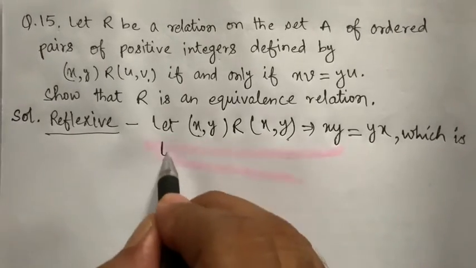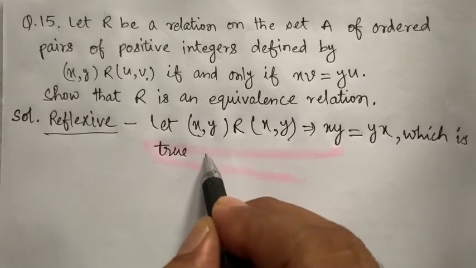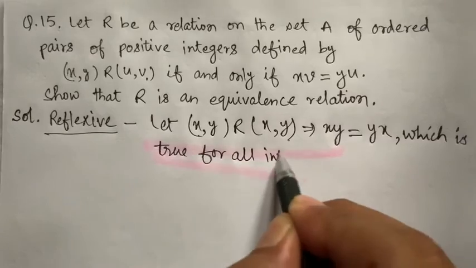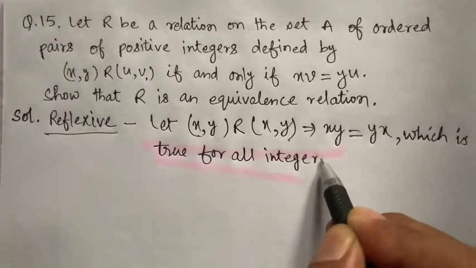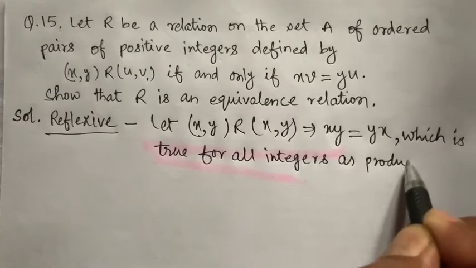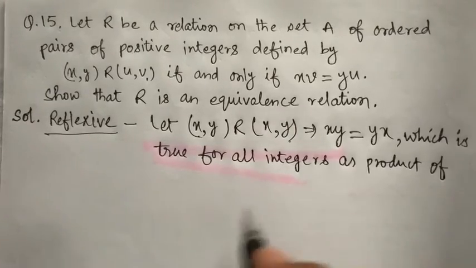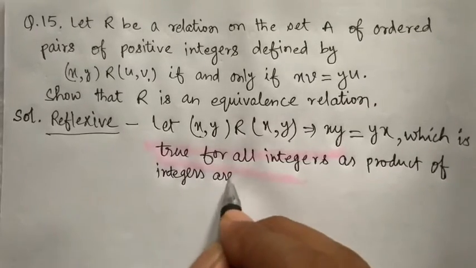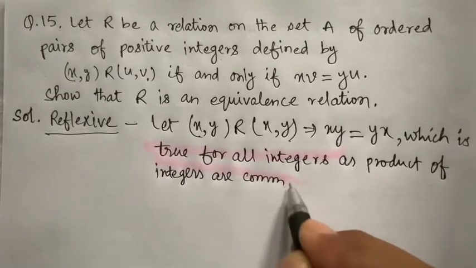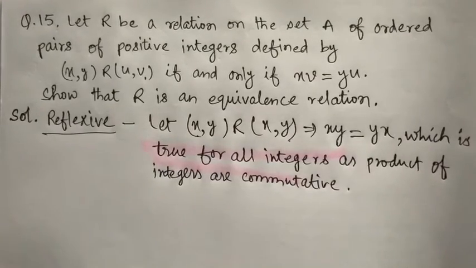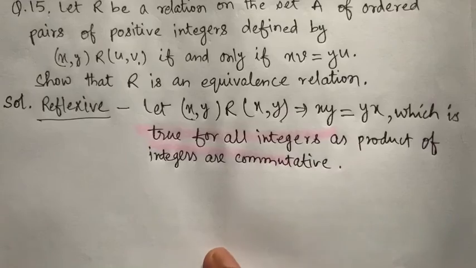As a result, it is true for all integers. As integers are commutative, we know product of integers are commutative.